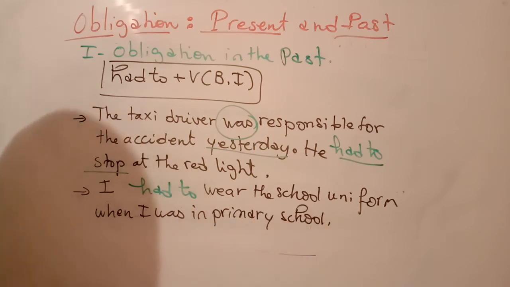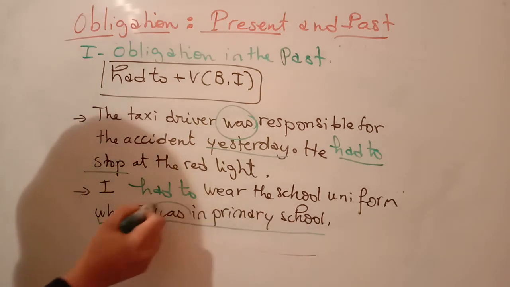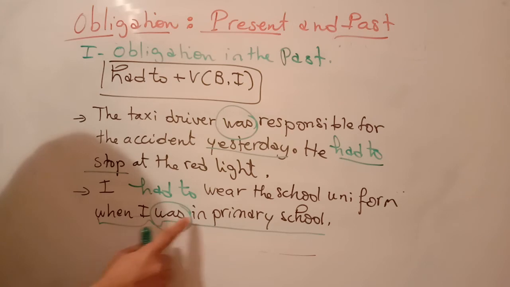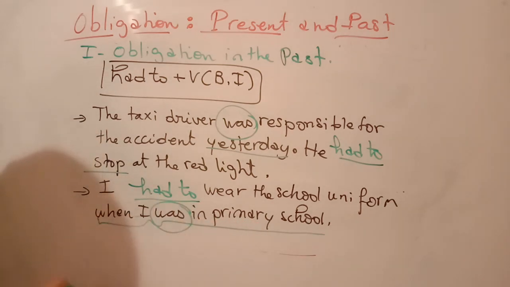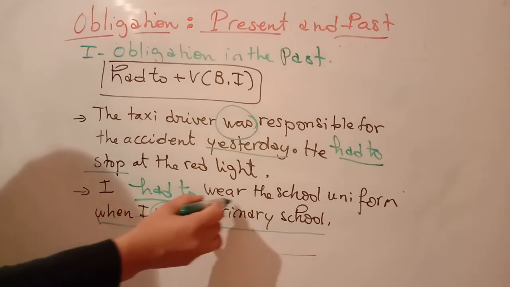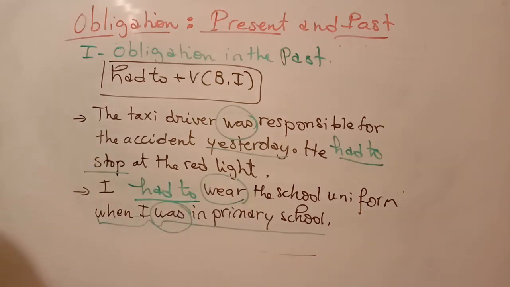Okay, so the situation here is also past expressed with this sentence, when I was in primary school. That's why we are using obligation in the past expressed with had to plus verb bare infinitive. Is it clear? Okay, so to summarize, obligation in the past is expressed with had to plus verb bare infinitive. Okay? Clear? Good. So let's practice that.